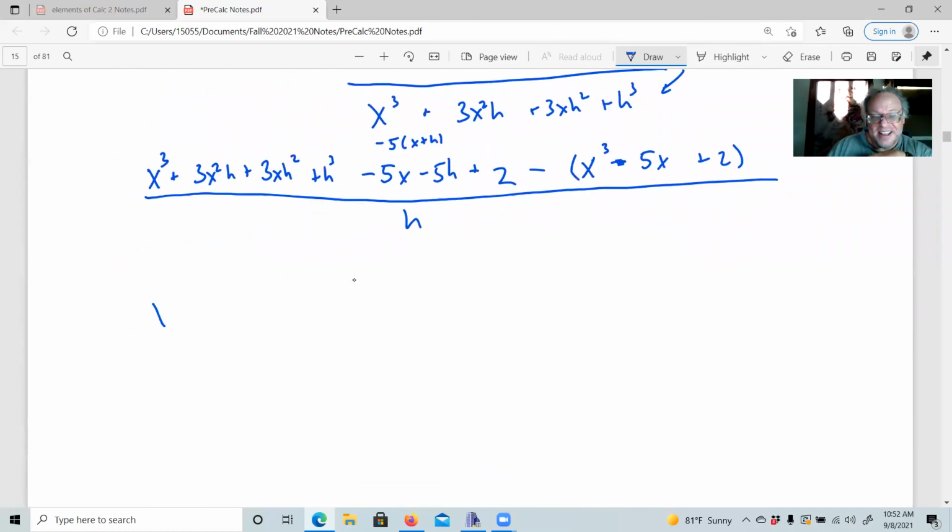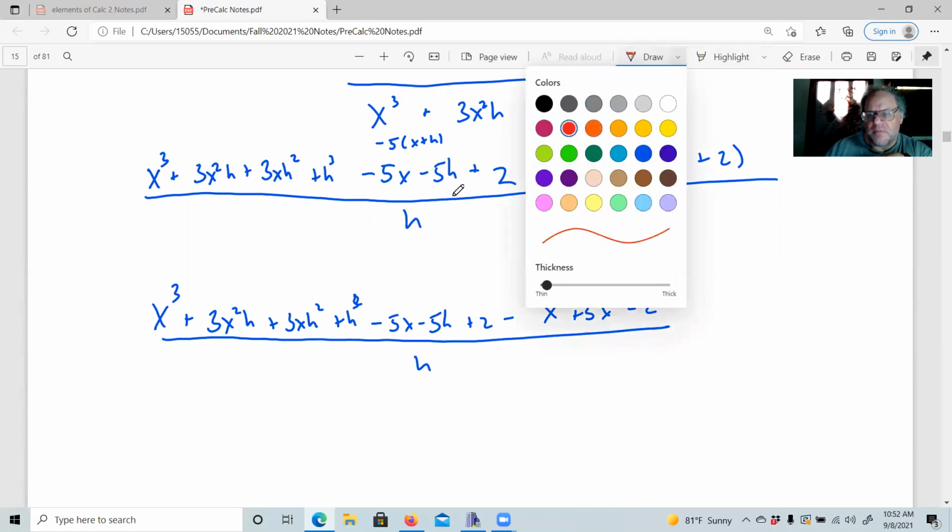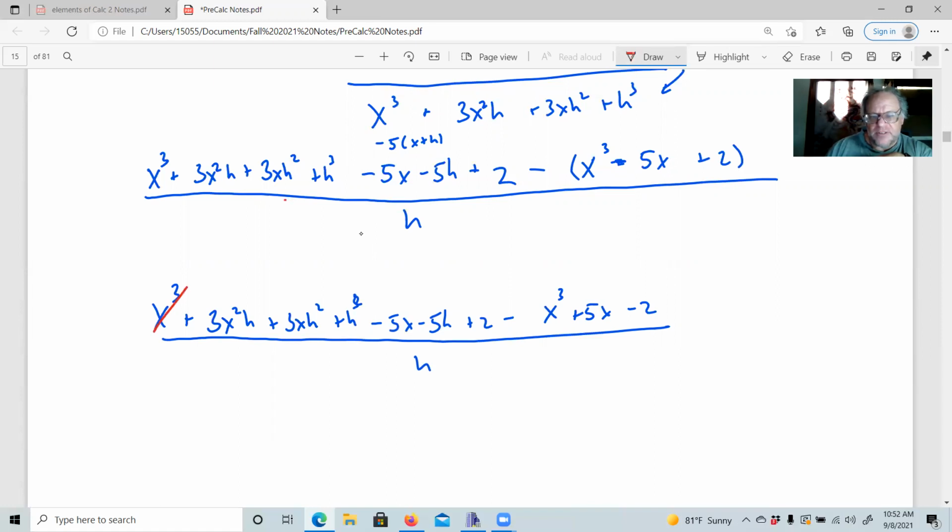Distribute: minus 5h plus 2, and x cubed plus 5x minus 2, all over h. Some stuff cancels now. This cancels with that, this cancels with that, and 2 cancels with 2. So what do we have?